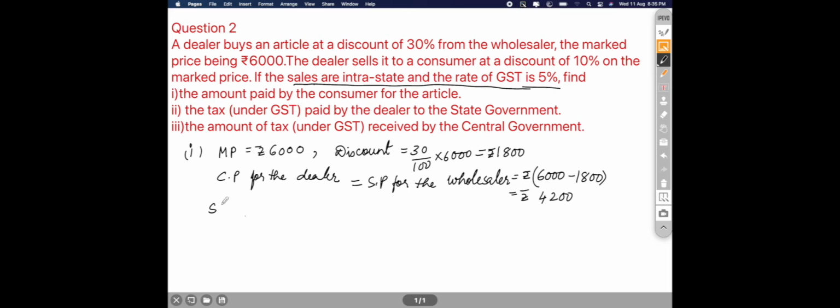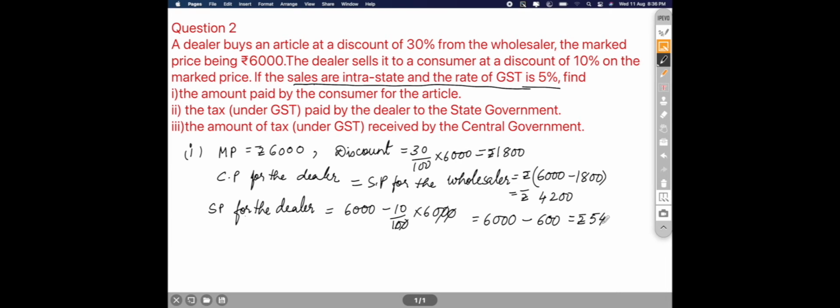So selling price for the dealer is 6,000 minus 10% of 6,000. So this gives 6,000 minus 600 rupees, that is rupees 5,400.